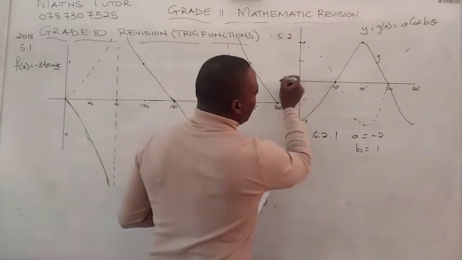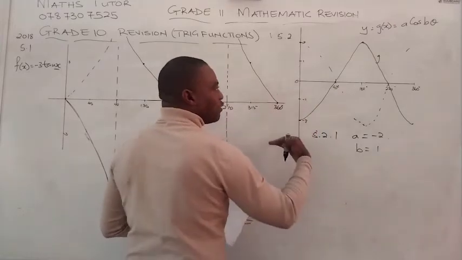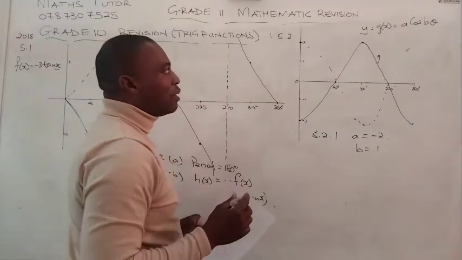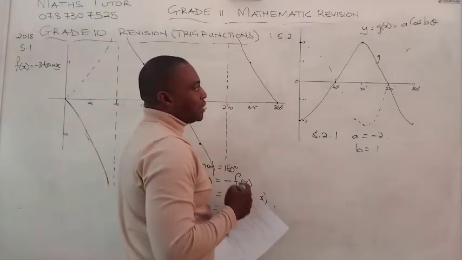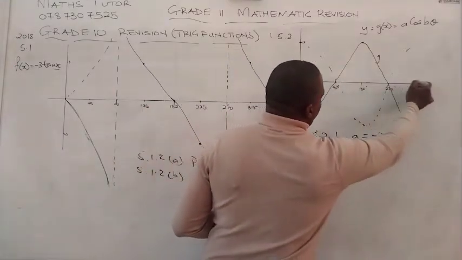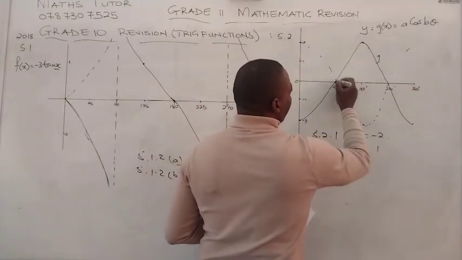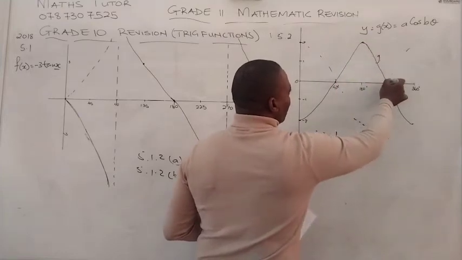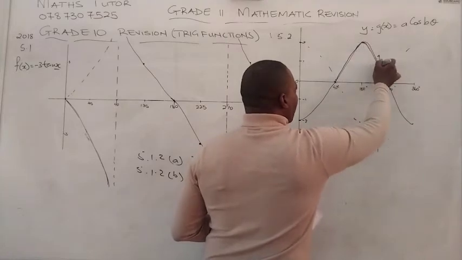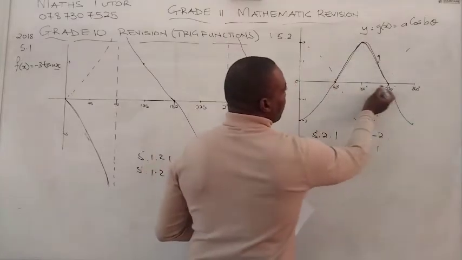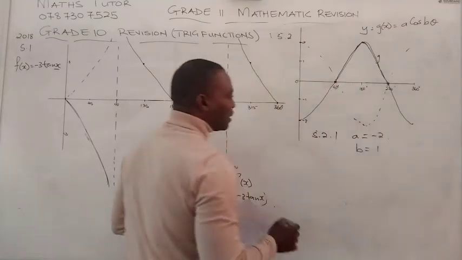So the x-axis becomes the boundary line which separates the negative values and the positive values of g of x. So when we say g of x is greater than 0, it means it is above this line, the x-axis. So the part of the graph that is above is this one. That means we are supposed to describe this part of the graph using the values of x, and we can see that it's from 90 to 270 degrees.